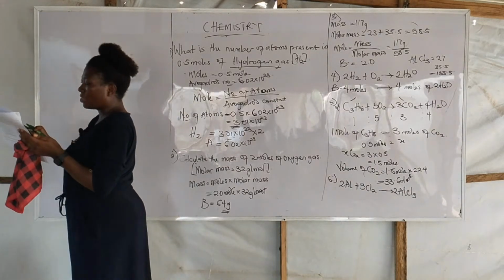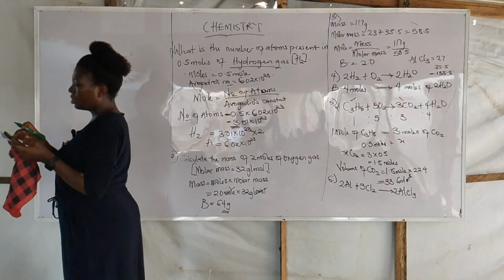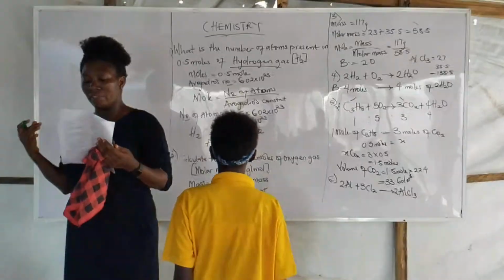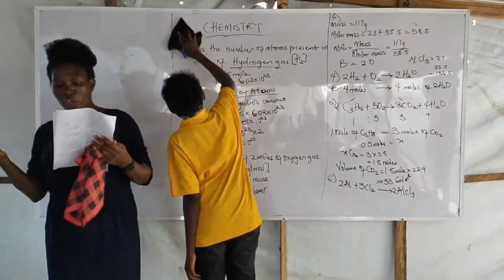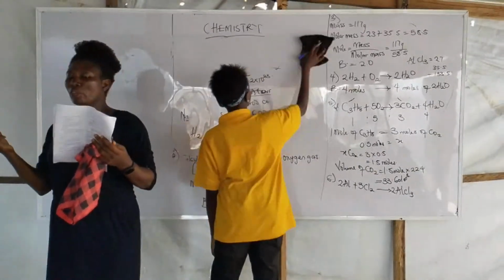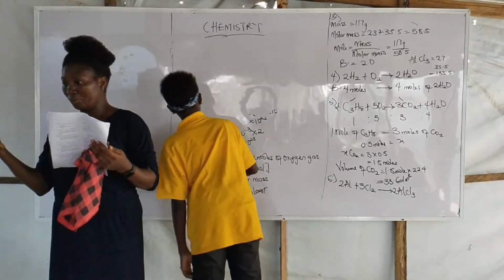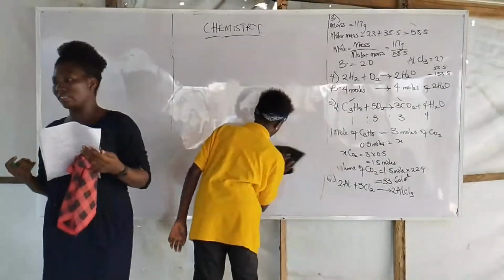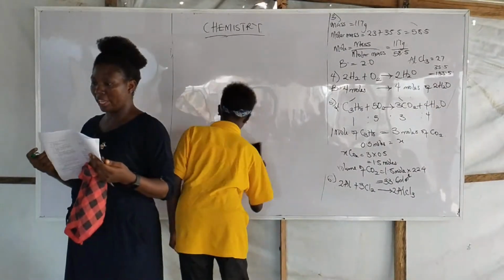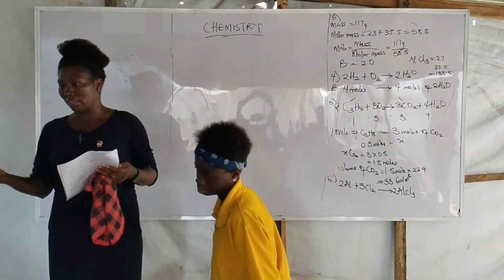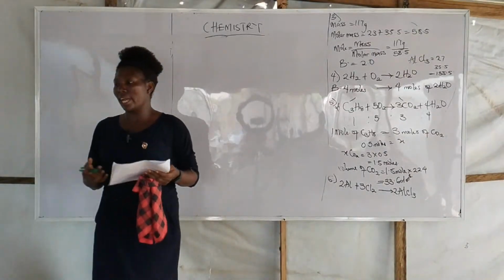If you look at the question here, what is the mass of aluminium chloride formed? It means that we are looking for the mass of aluminium chloride, and they're giving us the mass of aluminium. To get the mass, you have to use the formula that involves moles.